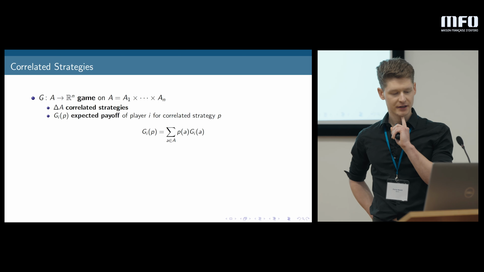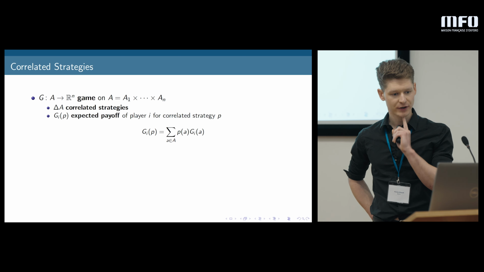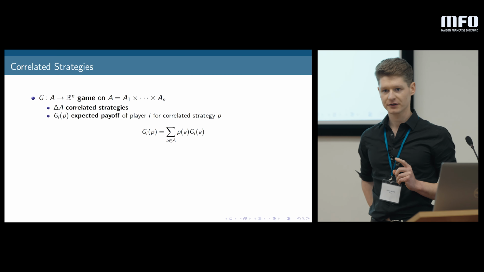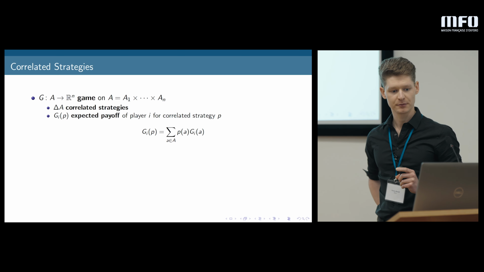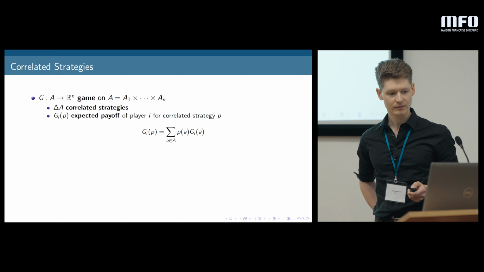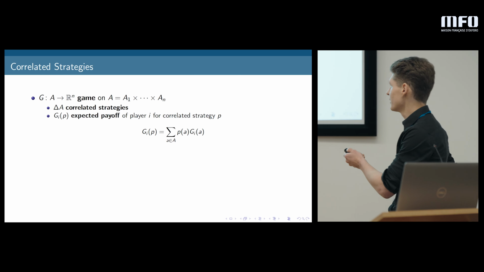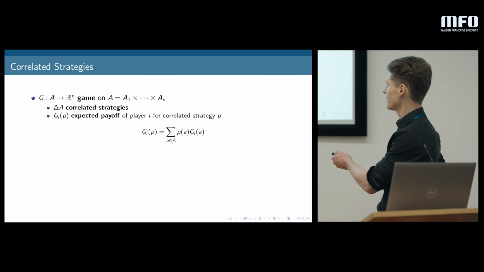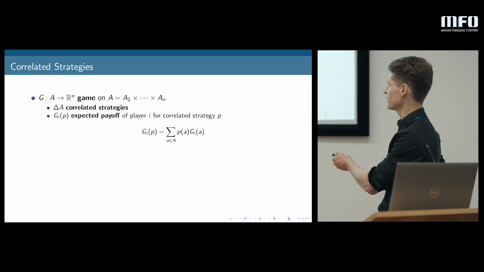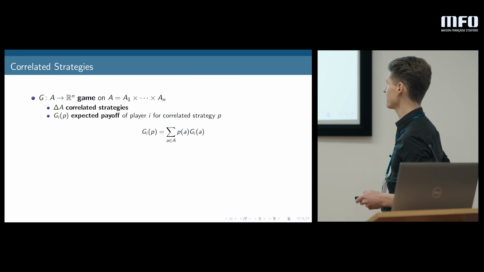So then I will try to very briefly say something about correlated solution concepts. Now instead of looking at strategy profiles, I'm looking at correlated strategies, so distributions over action profiles.